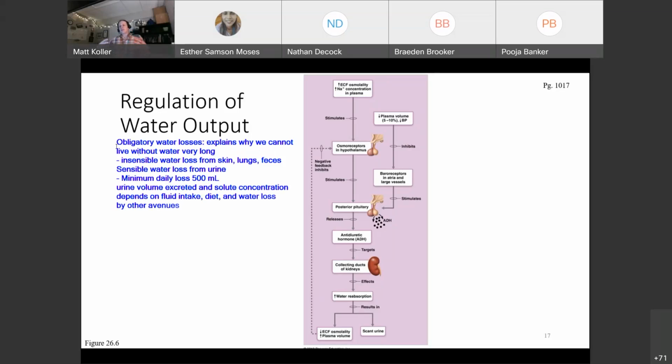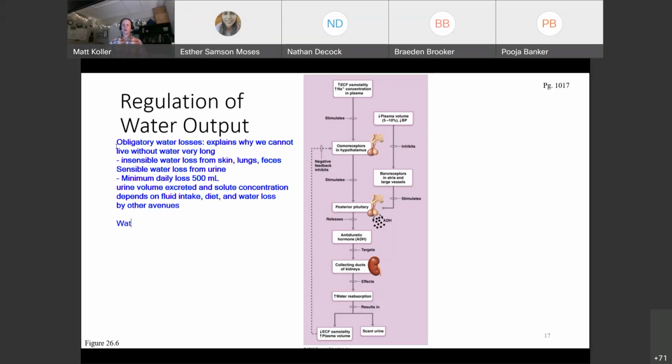So how much you lose really depends on how much you're taking in, what you're eating, and where else you're losing water. If you're exercising in a hot and humid environment, so we're talking 50 degrees Celsius with 100% humidity, you're going to lose a lot more water. And then we'll get into that later.